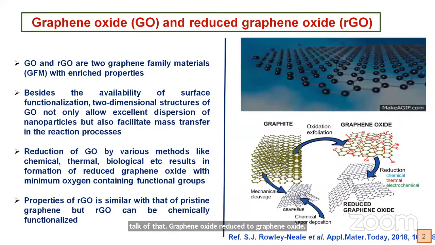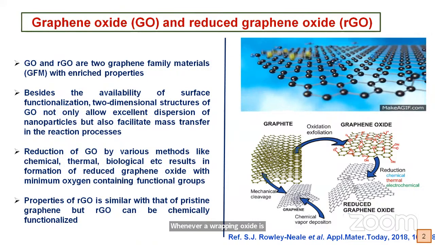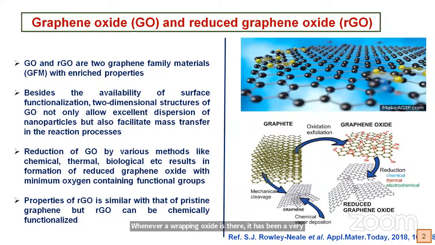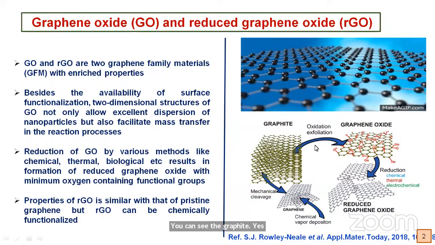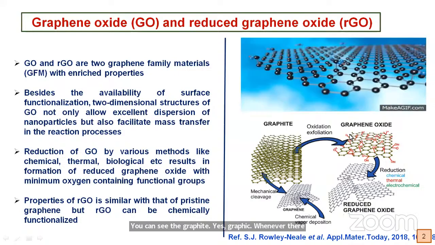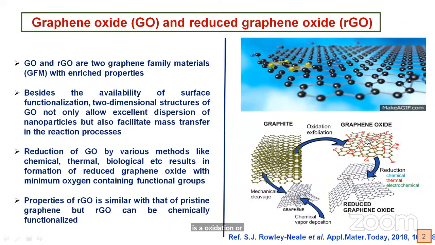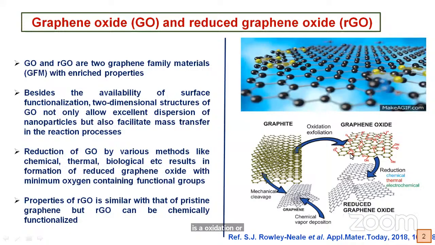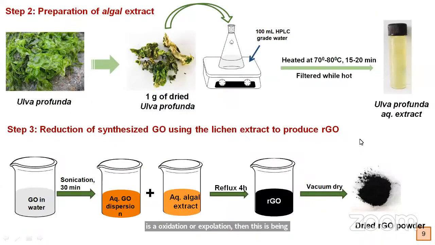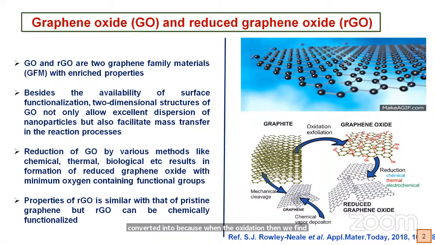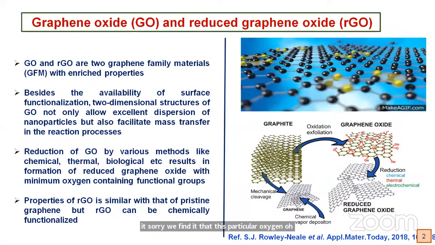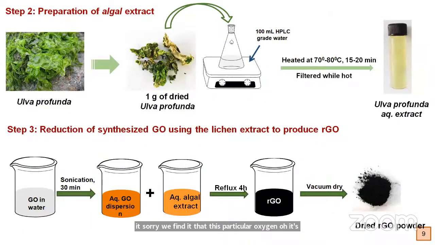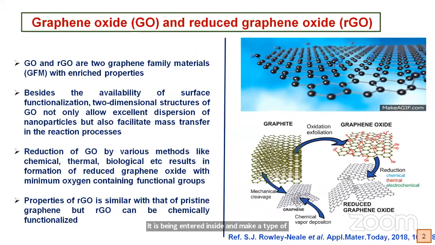Whenever there is graphite, it is very tightly packed. You can see the graphite. Whenever there is oxidation or exfoliation, we find that oxygen and OH groups enter inside and make a type of space.